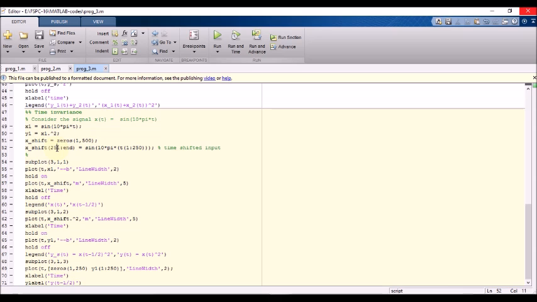So the obtained signal, the input shifted signal, can now be represented as an initial set of zeros, and then the sine signal appears at t equal to half. Now let us plot these signals and their corresponding outputs.